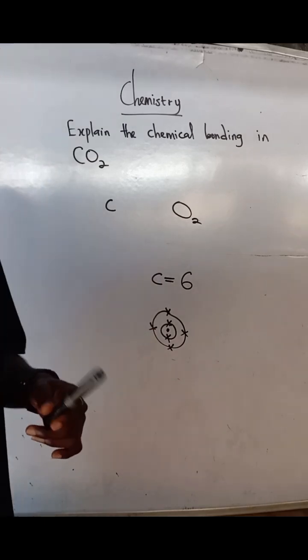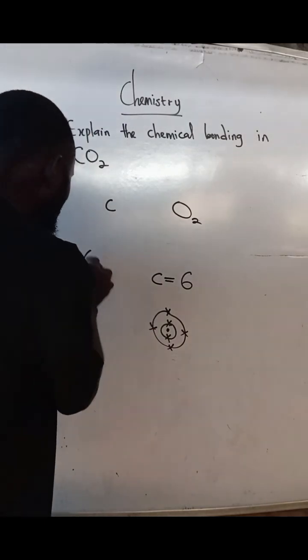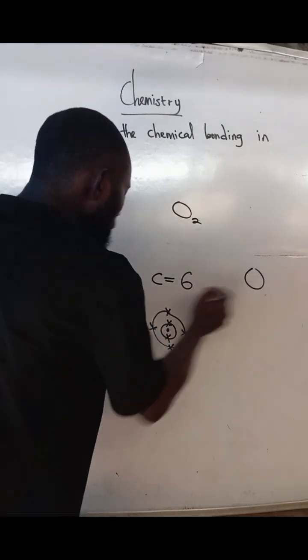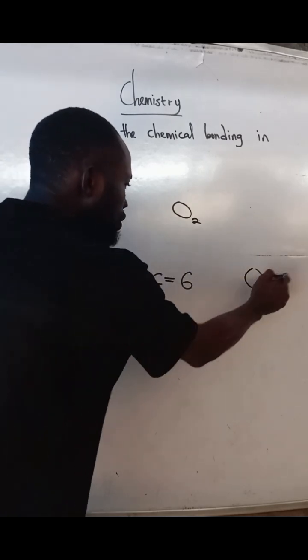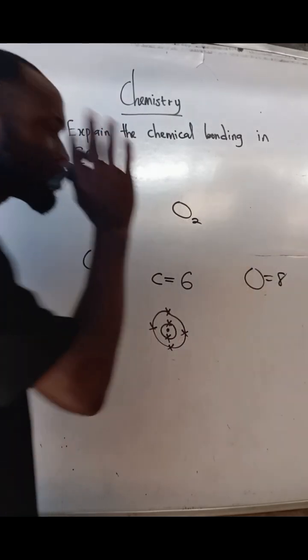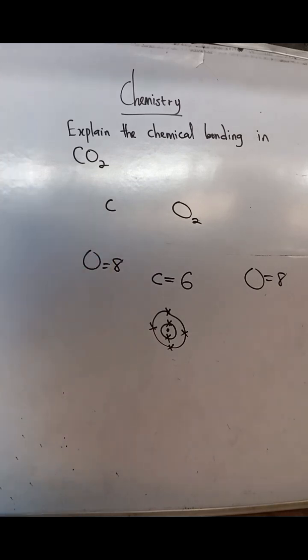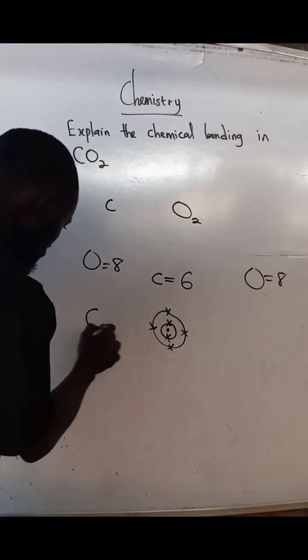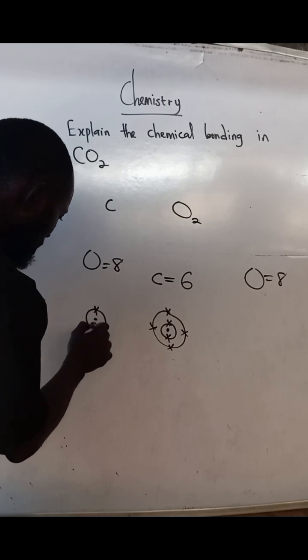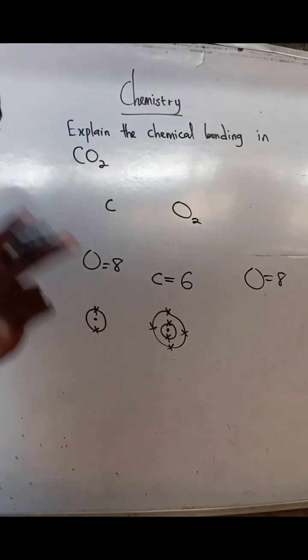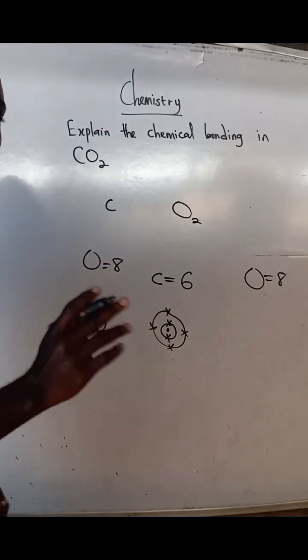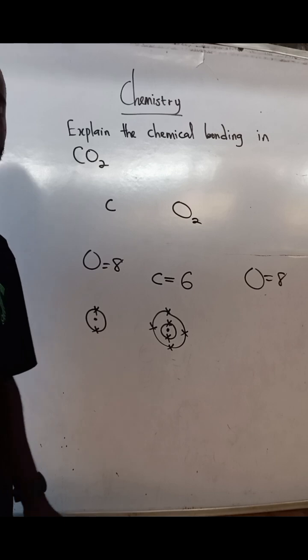Now, if oxygen falls on position 8, it means that the two oxygen that we have are going to have 8 electrons each. Don't forget that we are having 2 atoms of oxygen there. Now, to configure this, we say the first shell will contain 2 electrons. Every first shell, K shell, will contain 2 electrons because that's the maximum number of electrons it can contain.